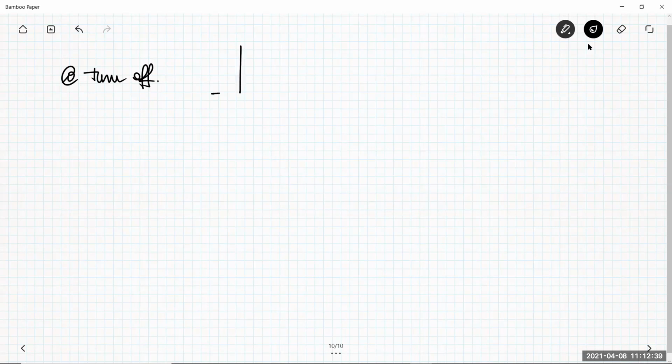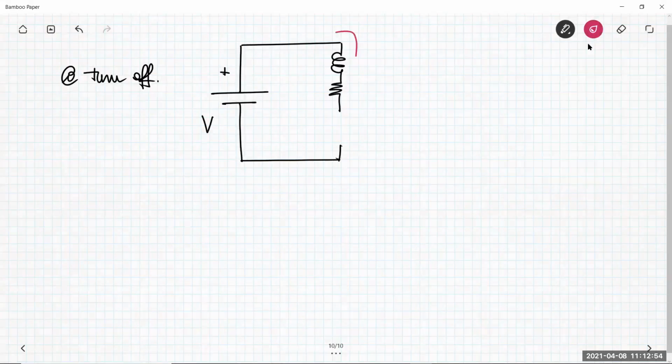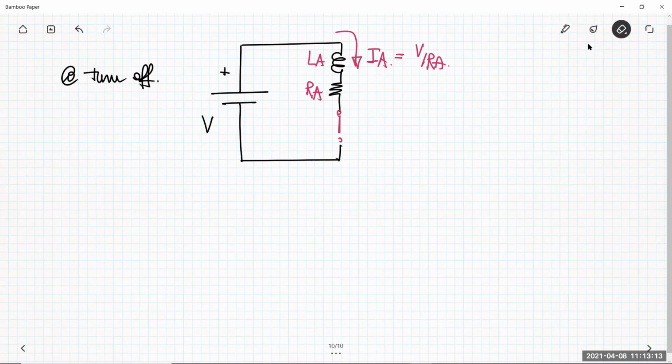Let me see what happens. This is what happens an instant before the turn off. I have IA, the static current, which is V over RA. This is the current flowing in this circuit. The switch is closed, and then suddenly I open the switch.